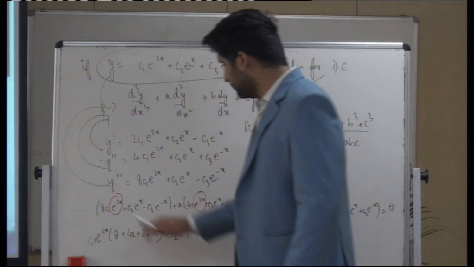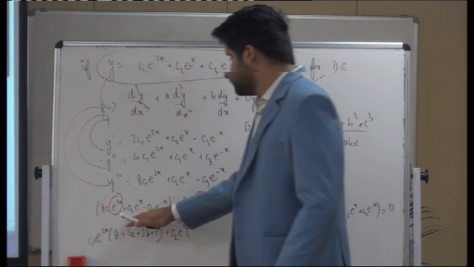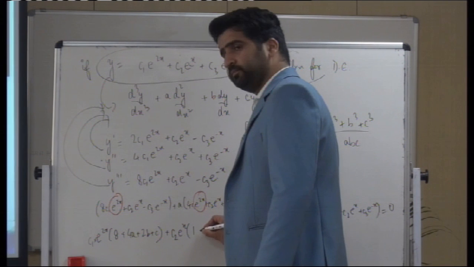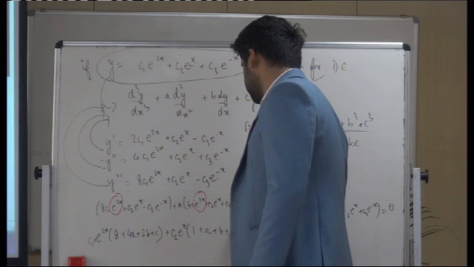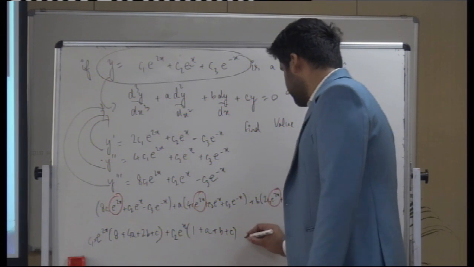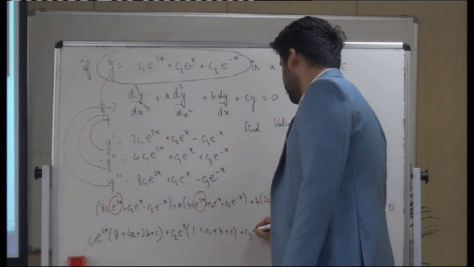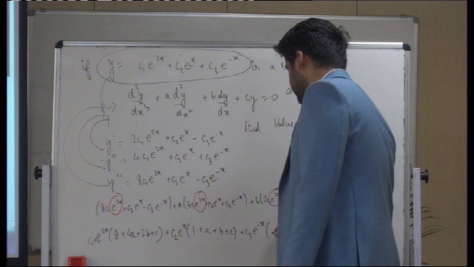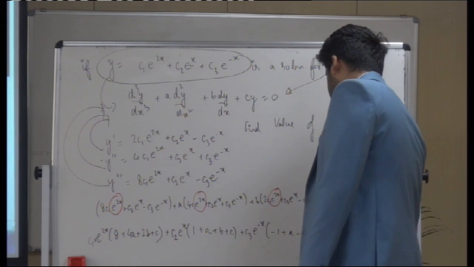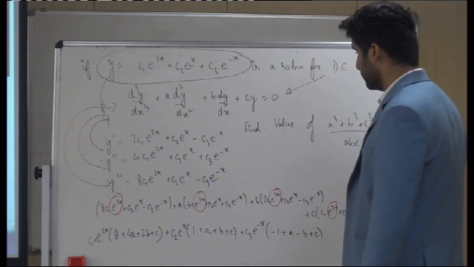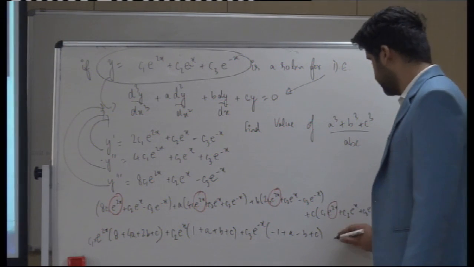So what all terms are coming with c2 e to the power x? First just 1, then plus a plus b plus c, and with c3 e to the power minus x, we are getting minus 1 plus a minus b plus c. Any other terms? No. And this is equal to 0.